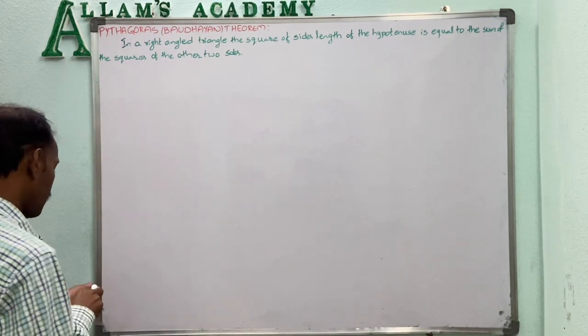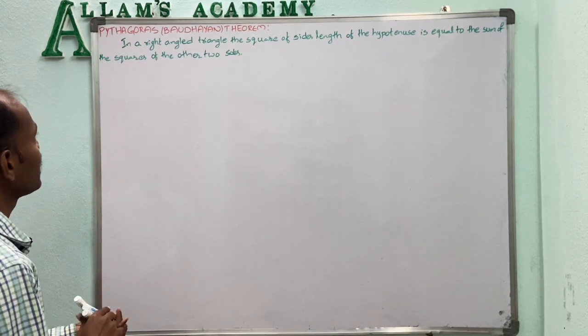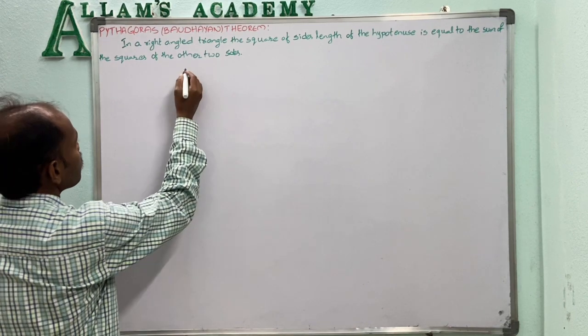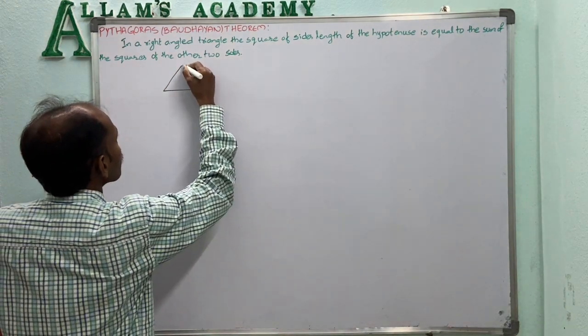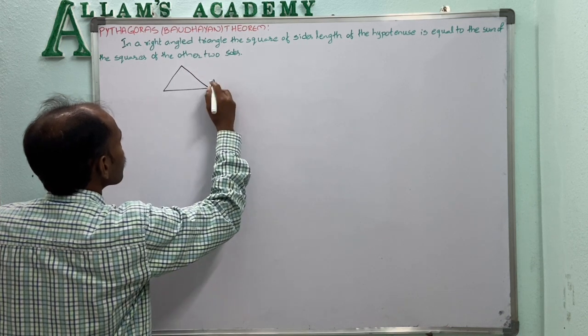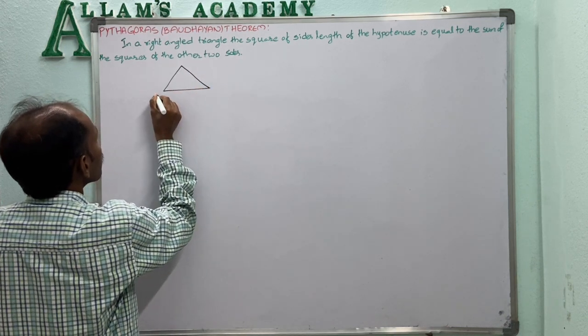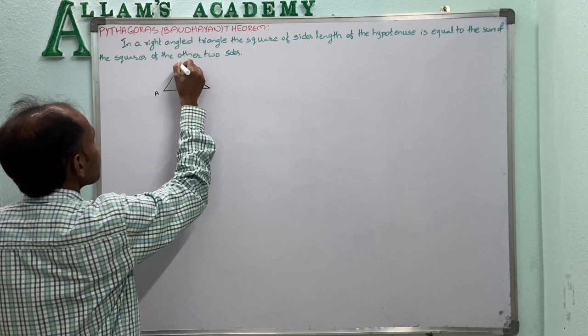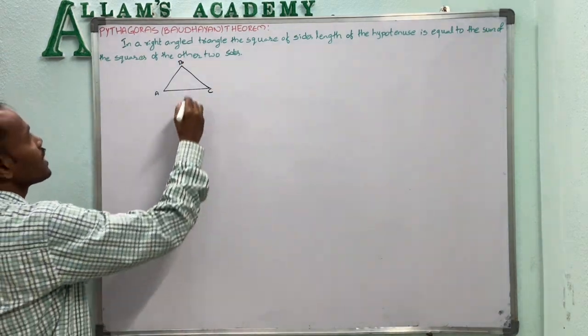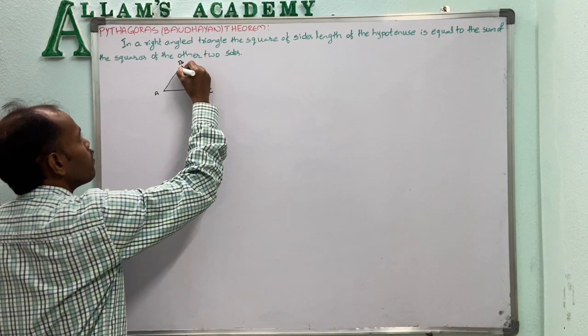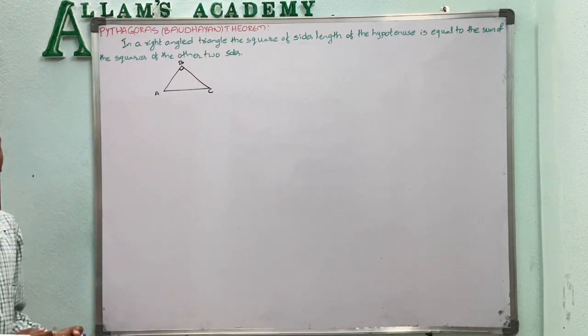Before that, if we draw the triangle ABC, a triangle with angle B equal to 90 degrees.